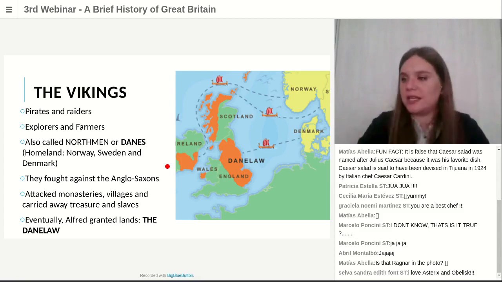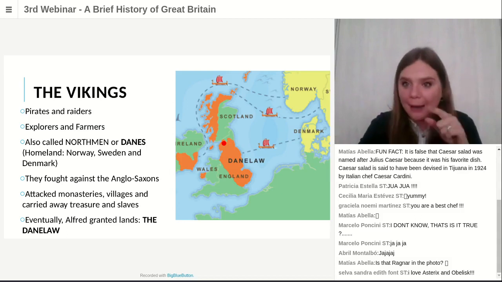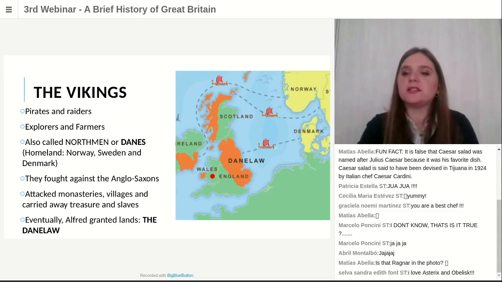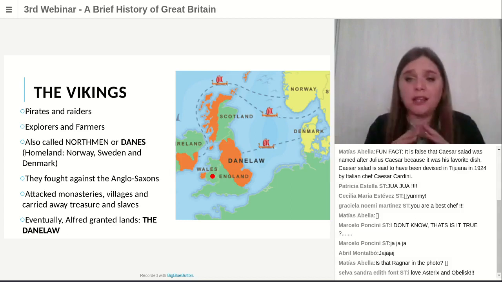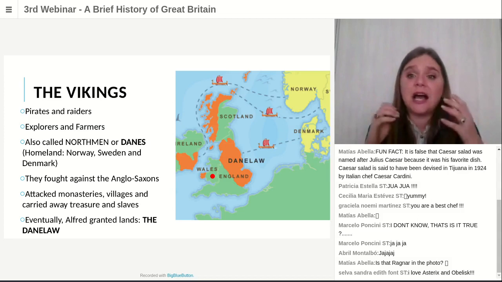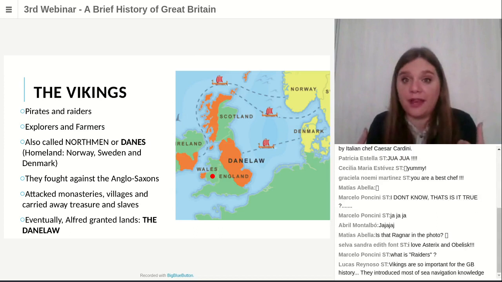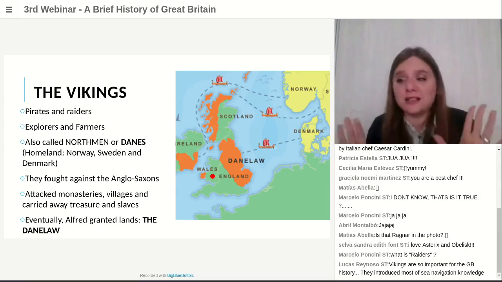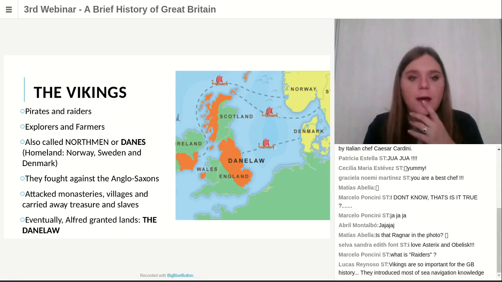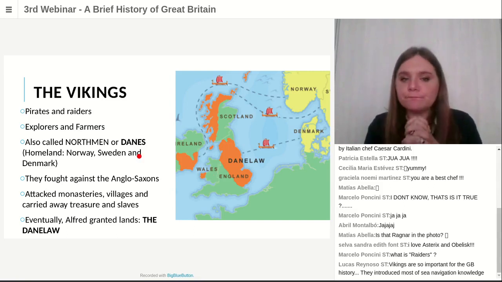Of course, here you can see in this little map this part that is called the Danelaw. It literally means the land of the Danes, and it was the land in which Danish law prevailed. So they could do whatever they wanted in their land as long as they stayed there. They say that in their territory everything should be all right.